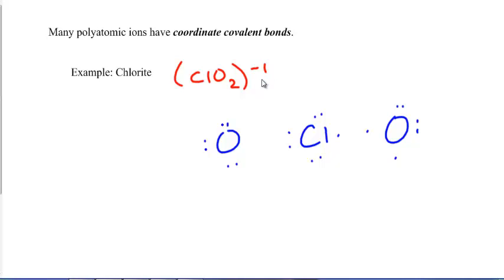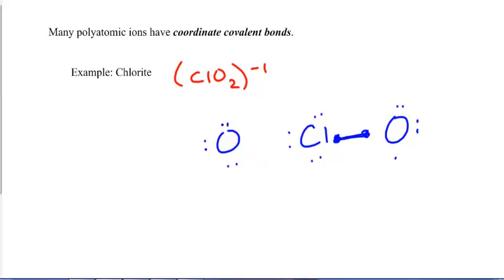Now, if you notice, I put chlorine in the middle. Whenever you have a polyatomic ion with oxygen, you're going to put the oxygens on the outside and the other atom in the middle. So one oxygen binds to the chlorine, the other one gets a coordinate covalent bond.